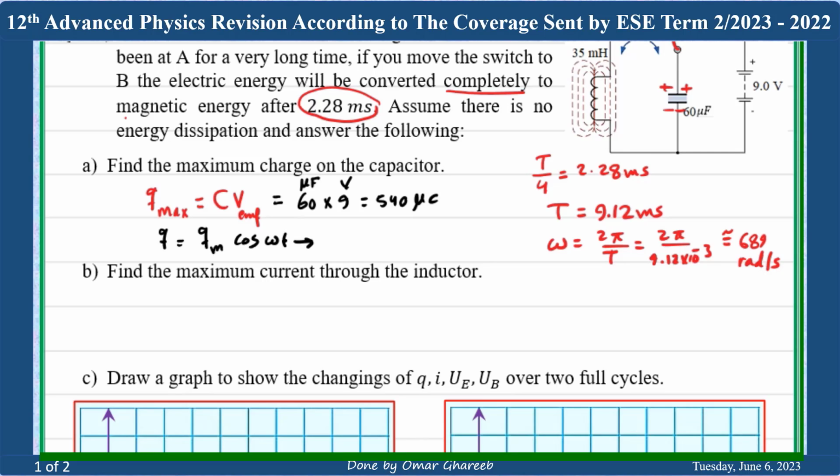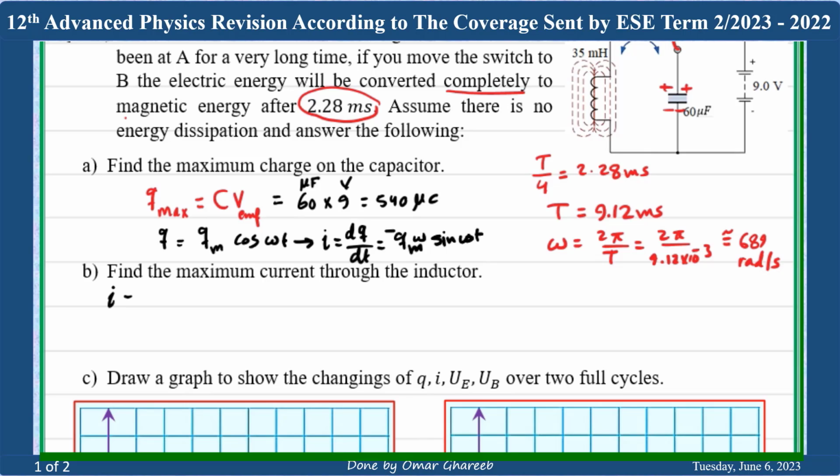And if you want to find I, it is dQ by dt. If you derive the charge, Q max is constant, the derivative of cosine is minus sine omega t, and the derivative of this angle is omega.